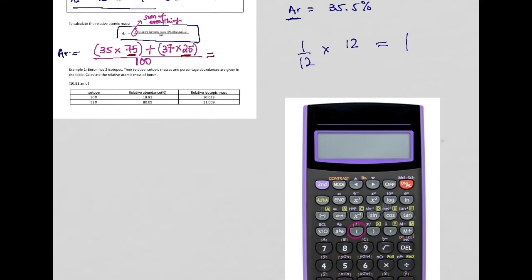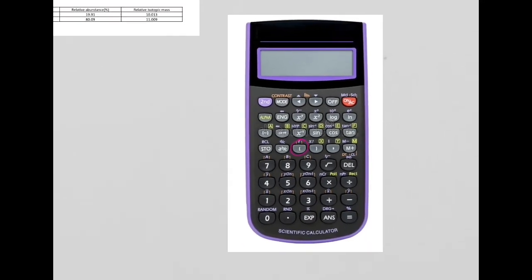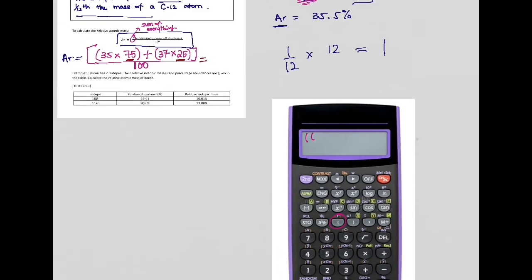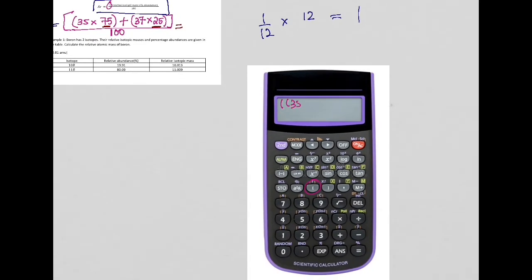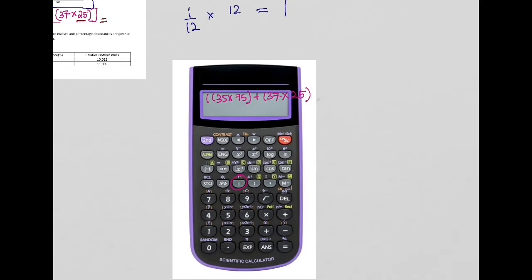If you want to do the calculation in one go, you'll have to include two brackets. Press this one twice. So bracket, 35 times 75, bracket, plus 37 times 25, bracket, and then you're going to use this one again to close it.